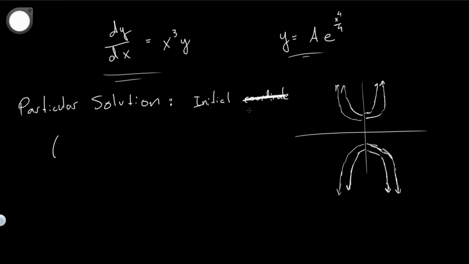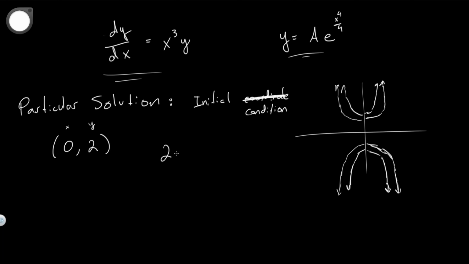Let's say that we are given the initial condition that this solution also satisfies the coordinate 0, 2. So how do we solve for A? We plug this into our solution, and that'll tell us what A is.